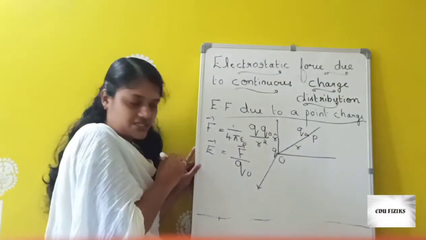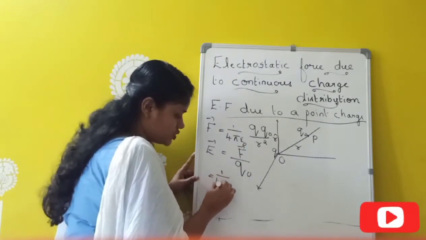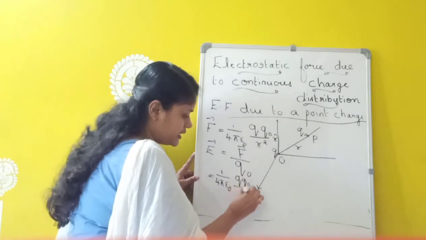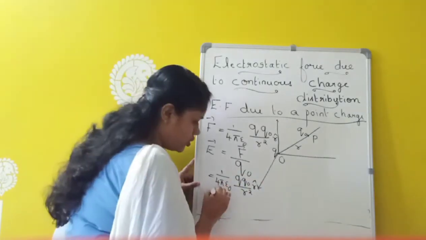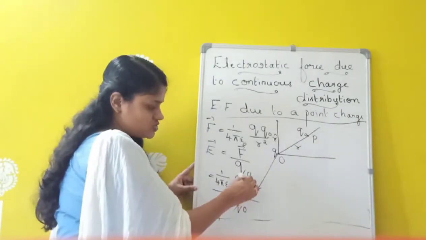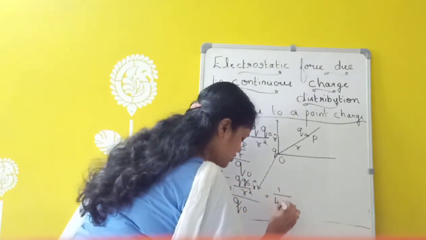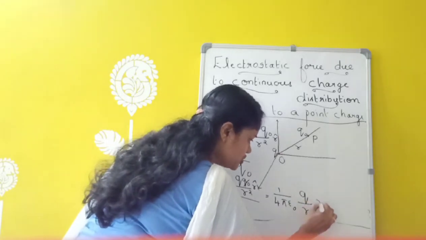What is the force here? 1 by 4 pi epsilon 0 Q Q0 divided by R square into unit vector R, the whole divided by Q0. Now this Q0 will cancel. Remaining, we have 1 by 4 pi epsilon 0 Q by R square into unit vector R.